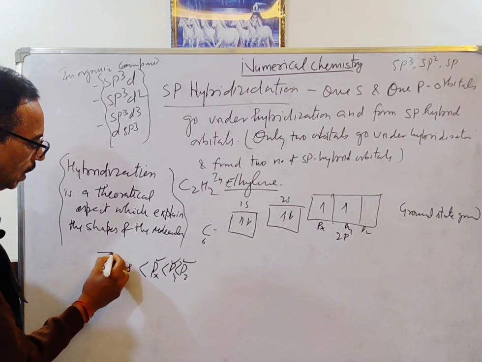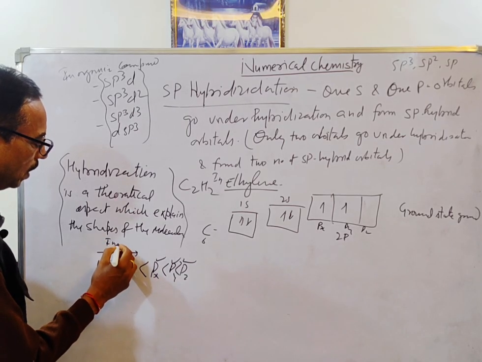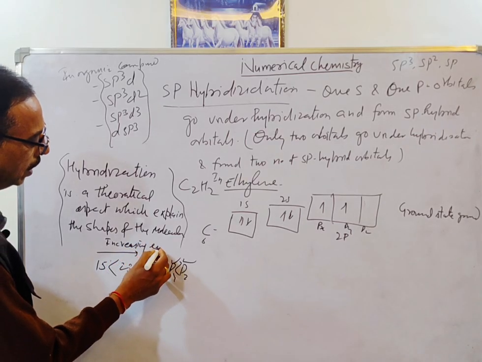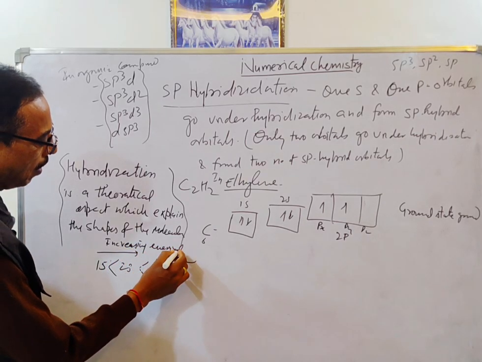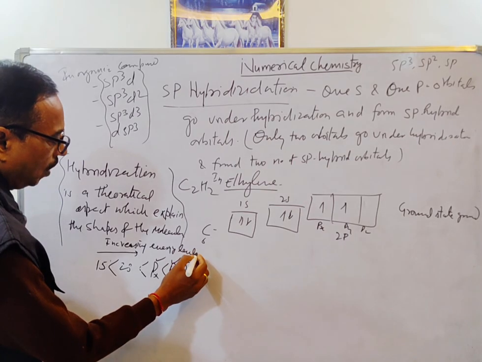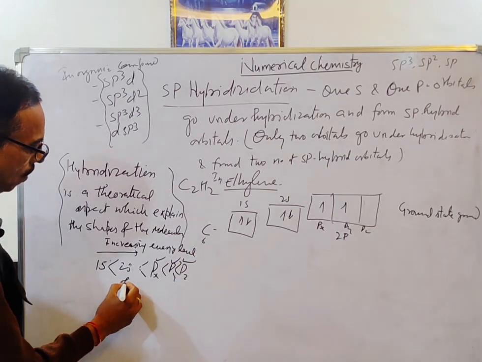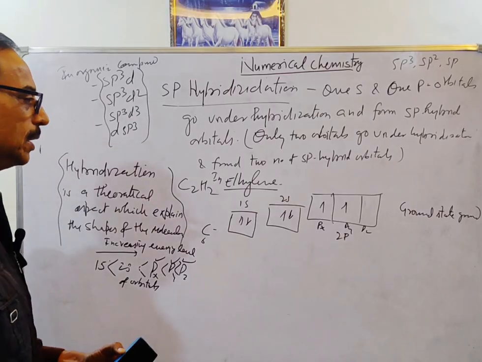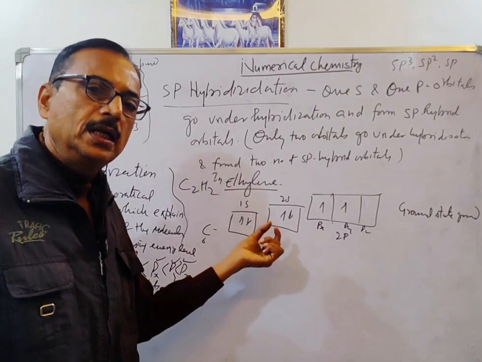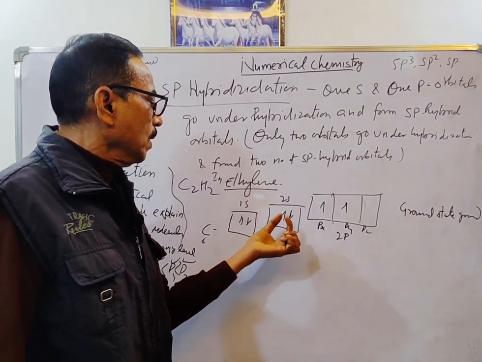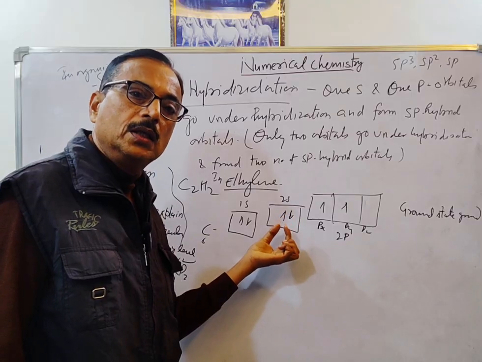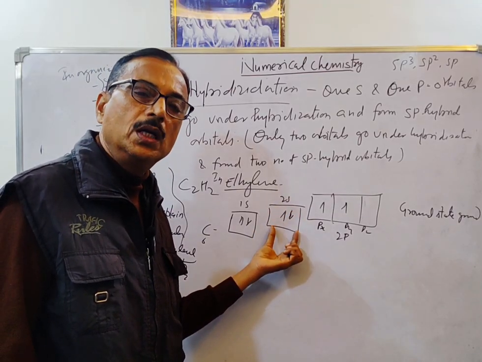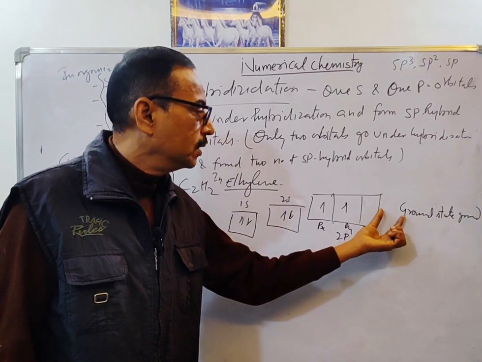Similarly, this is the increasing energy level of orbitals. So what is the excited state? Excited state is the state where the electron moves from the ground state or lower energy level to a higher energy level.